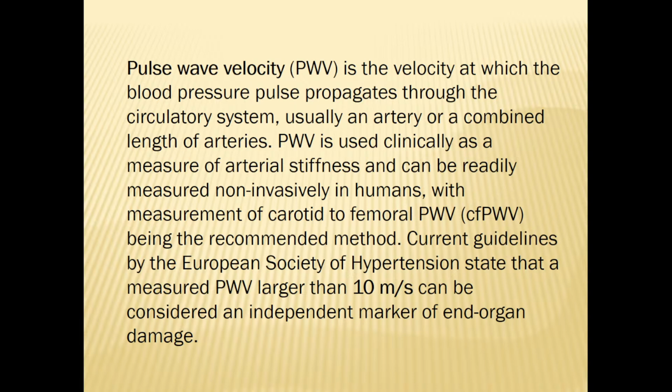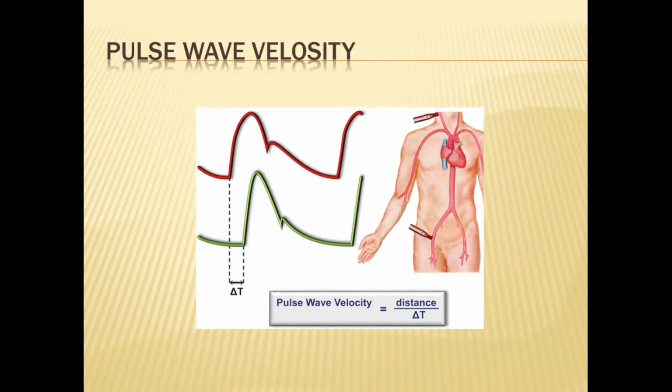Stiffness mostly develops with aging, when there are a lot of atherosclerotic plaques in the big arteries, in the aorta first of all. And we can measure stiffness of the aorta and large vessels by measurement of pulse wave velocity.